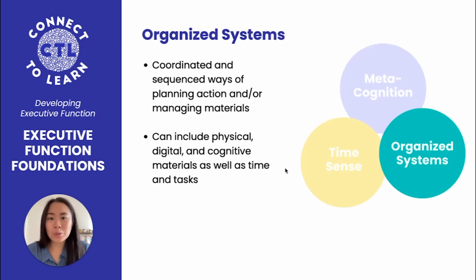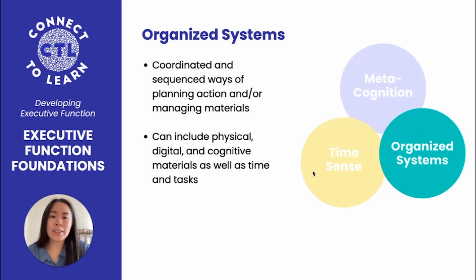The next foundation we target is the use of organized systems. This speaks to implementing structures and methods that are both effective and efficient. Organization can be physical, digital, or cognitive. Working on organization means thinking about both the physical materials at your disposal as well as actions that you can prioritize and take.